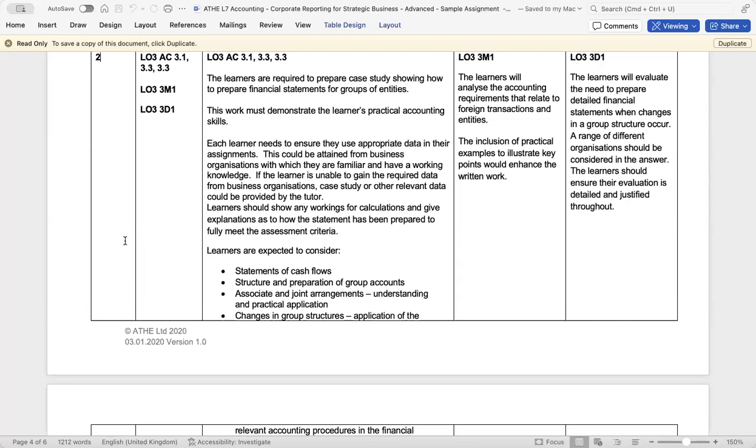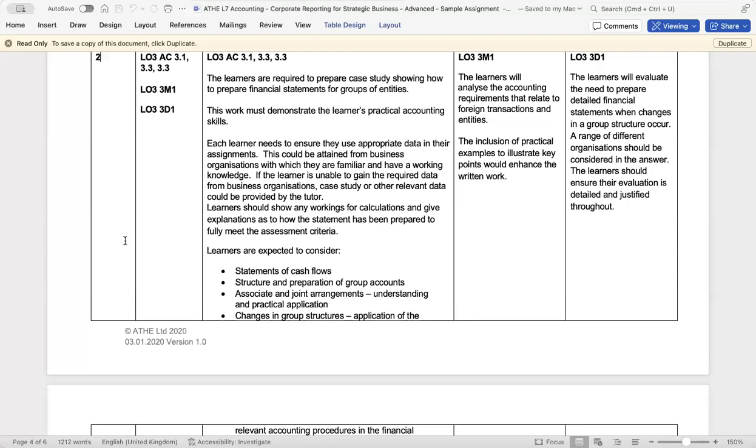Consolidated statement of financial position. This statement combines the assets, liabilities, and equity of the parent company and its subsidiaries, eliminating intercompany transactions to present a unified view.